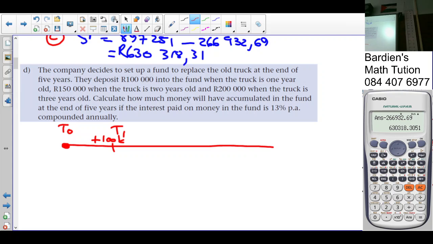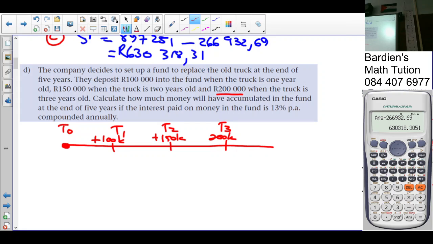They deposit 100,000 rand into the fund when the truck is 1 year old. 115,000 rand when the truck is 2 years old. So T2 is going to be 150,000. When the truck is 2 years old, okay, 200,000 rand when the truck is 3 years old. So T3, 200,000.